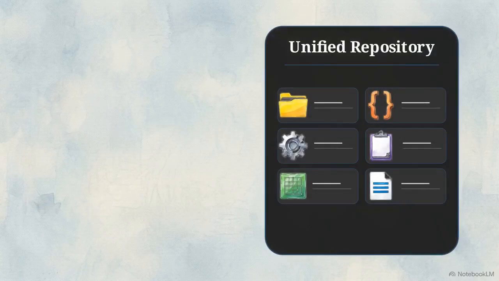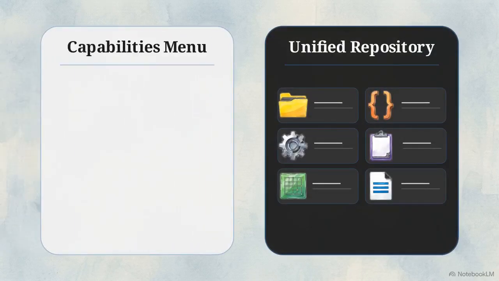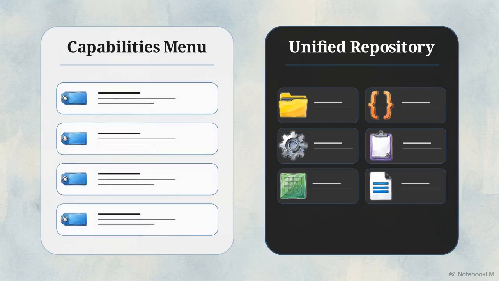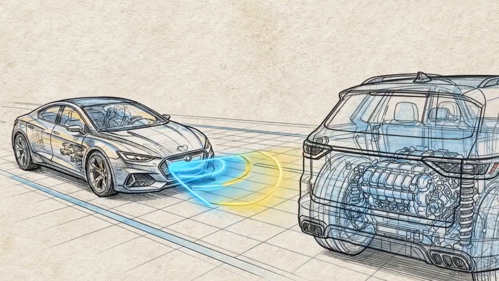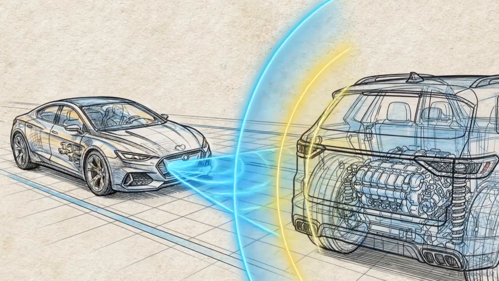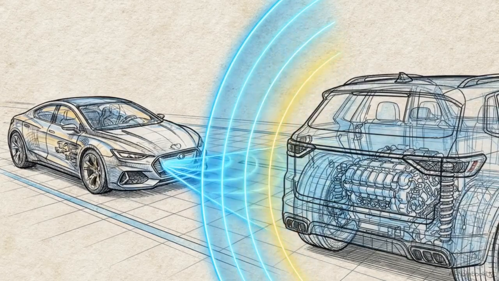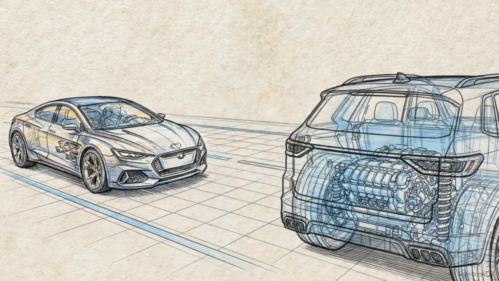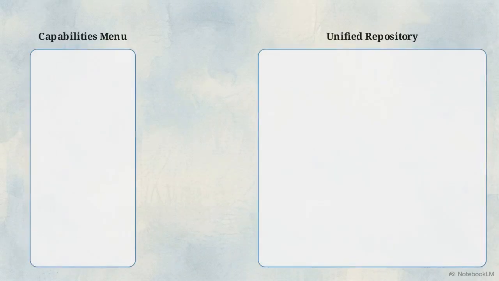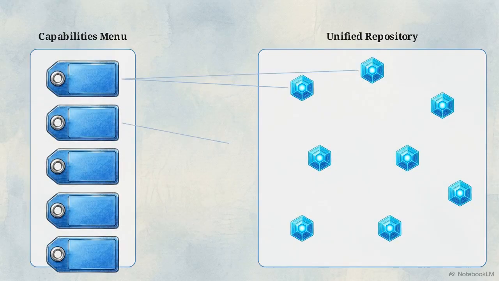The second layer of the factory is the feature catalog. This serves as a clean, overarching dictionary that defines the entire product line's capabilities. A feature here might be a regional compliance restriction, like European emission standards, or a specific hardware addition, such as adaptive cruise control. The architecture requires strict formal mapping.